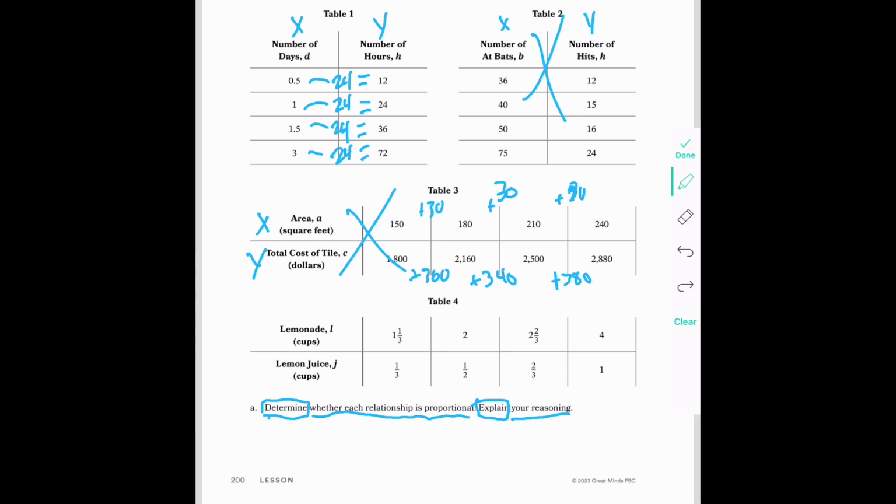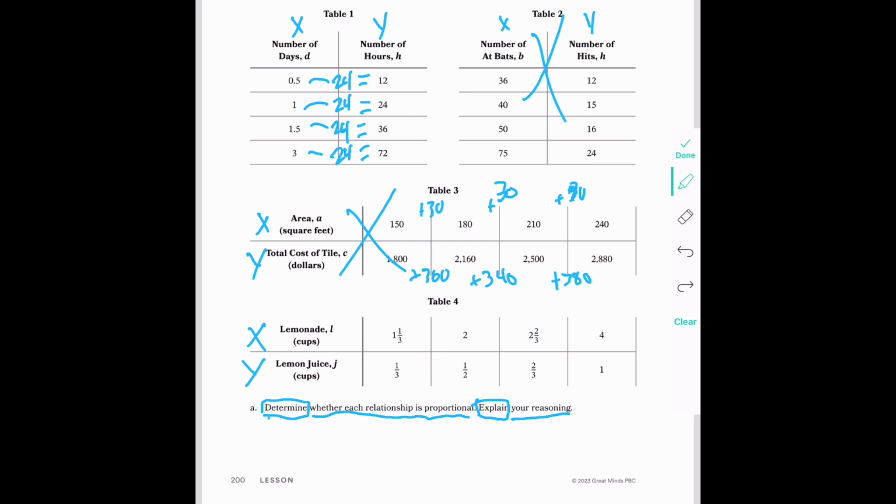So then if we look at the last one, we have lemonade in cups, compared to lemon juice. Okay, so if we do the same thing where this is X and this is Y, lemonade would be X because you need to know how much lemonade you want to make and that determines how much lemon juice you use. Like, you need to know how much you want to serve.